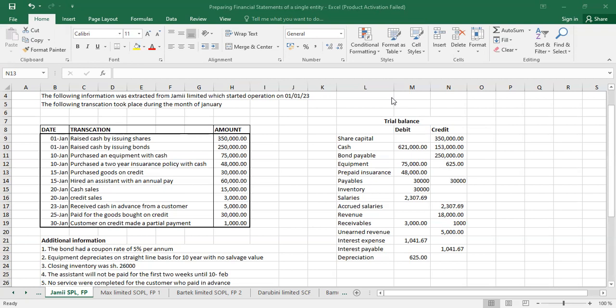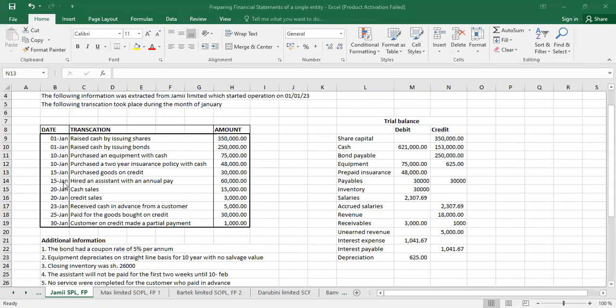For salaries, what about the balance for accrued salary? In short, what I'm saying is that we're just making an accounting cycle for January. We have not moved to February, and he will not be paid. And remember, he was hired on 15 January, isn't it? So there are about 2 weeks to reach 31st January, where we are making our accounting cycle, isn't it?